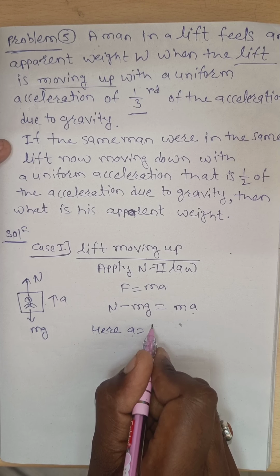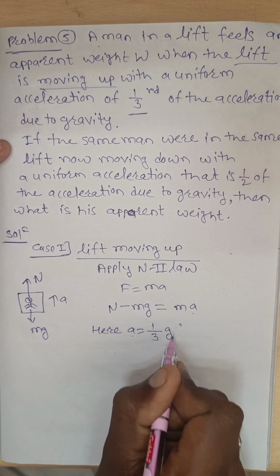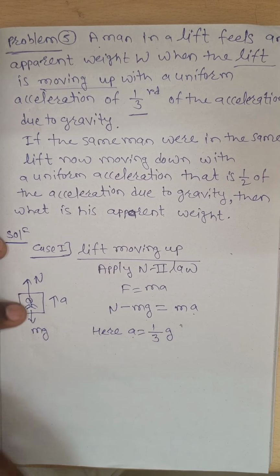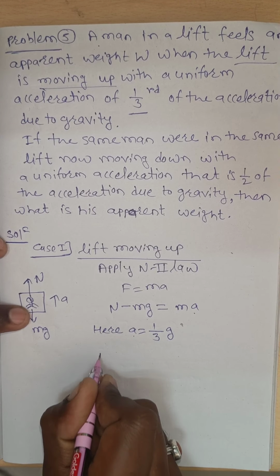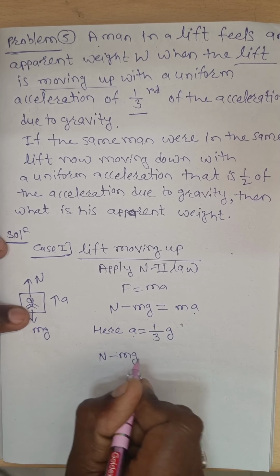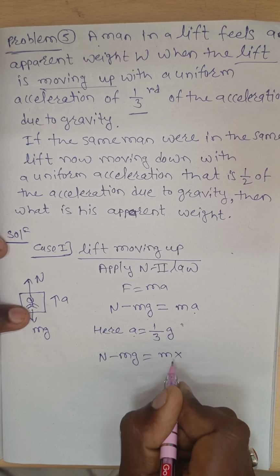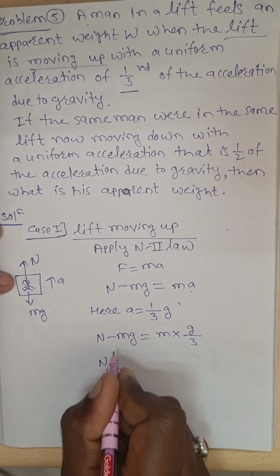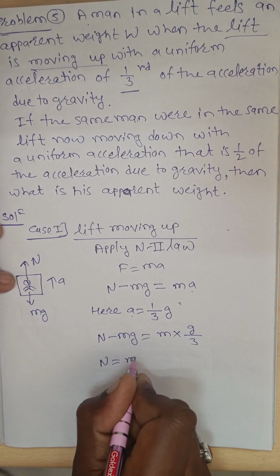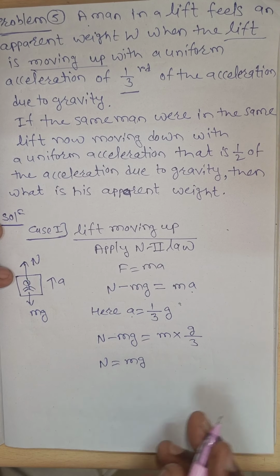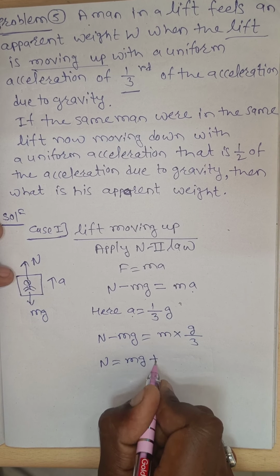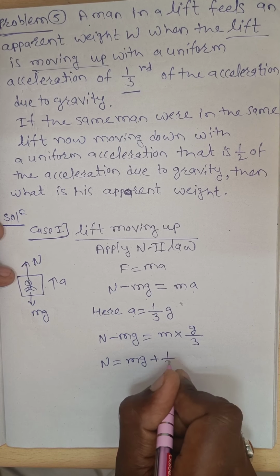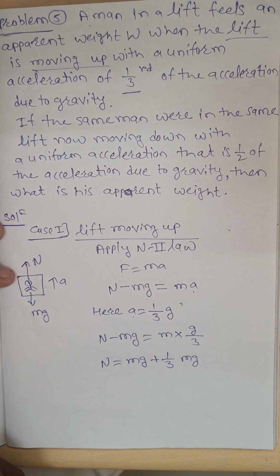The acceleration is 1/3 of the acceleration due to gravity, means a is equal to g by 3. Therefore N minus mg is equal to m into g by 3. Therefore N is equal to, shifting mg to the right-hand side, plus mg, plus m into g by 3, means 1/3 into mg.